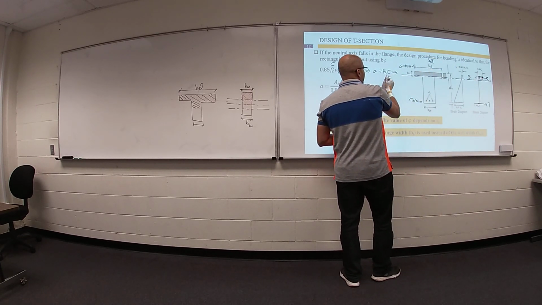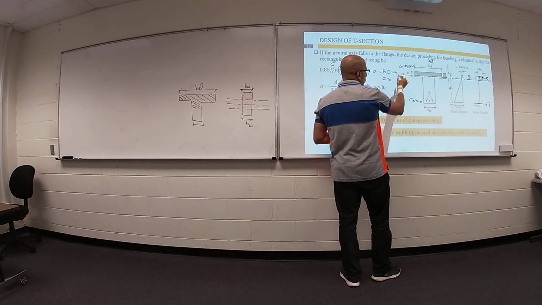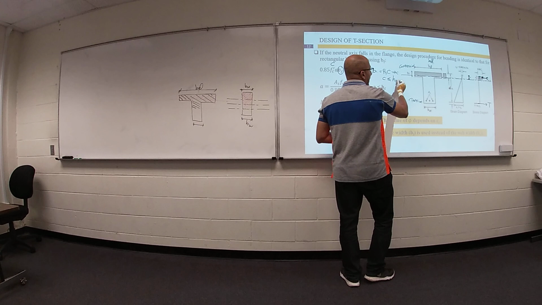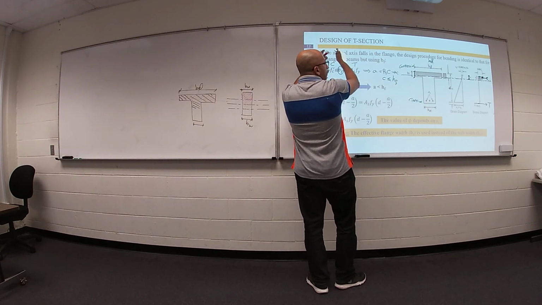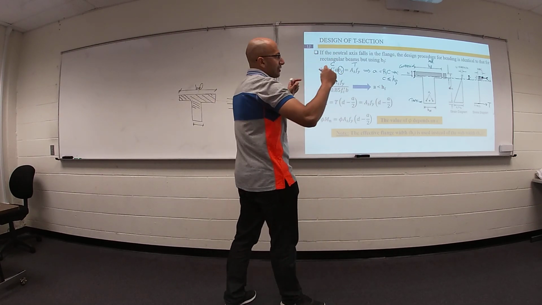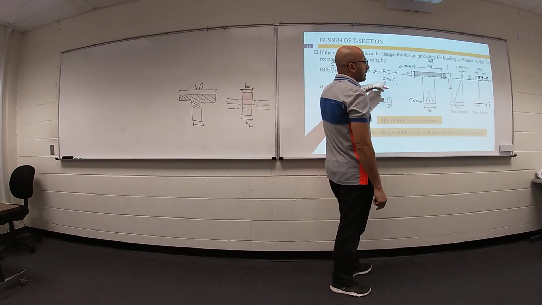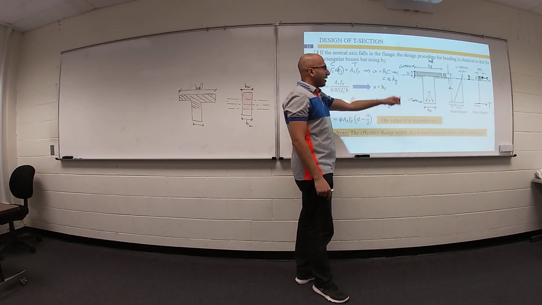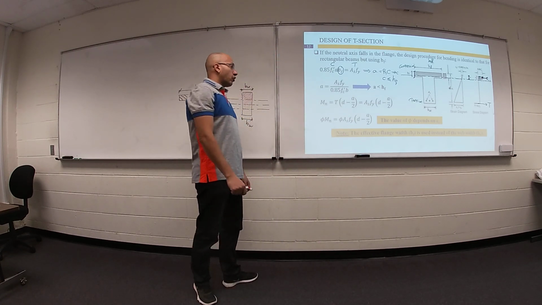This neutral axis depth C must be smaller than or equal H flange. To say my assumption is correct, you assumed your neutral axis within the flange and your neutral axis depth smaller than total thickness of the slab, then your assumption is correct.